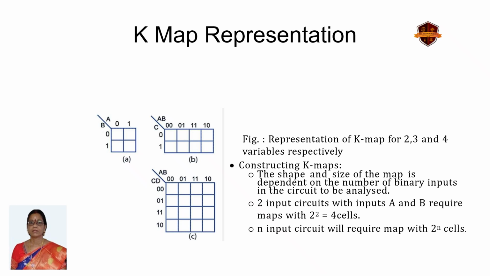Next, see figure B, which is with 3 variables, which indicates that the circuit has 3 inputs with the variables A, B and C. It has totally 8 cells, which is 2 power 3 equal to 8 cells. Similarly, in figure C, you have 4 variables in which we have 16 squares or 16 cells, which is 2 power 4 equal to 16 cells. At the outset, an n input circuit will require a map with 2 power n cells.